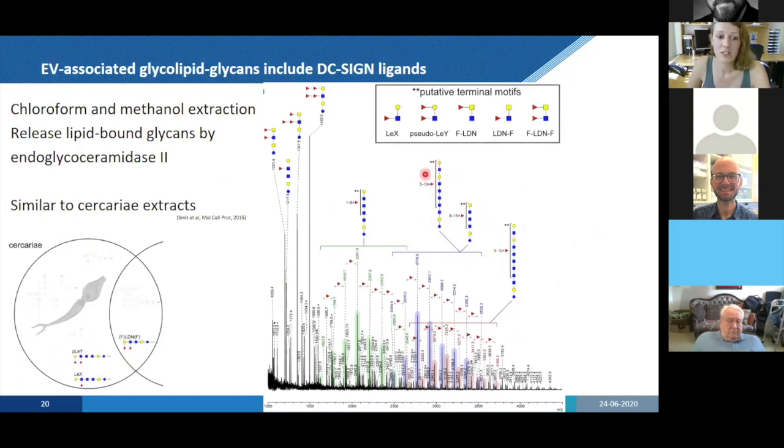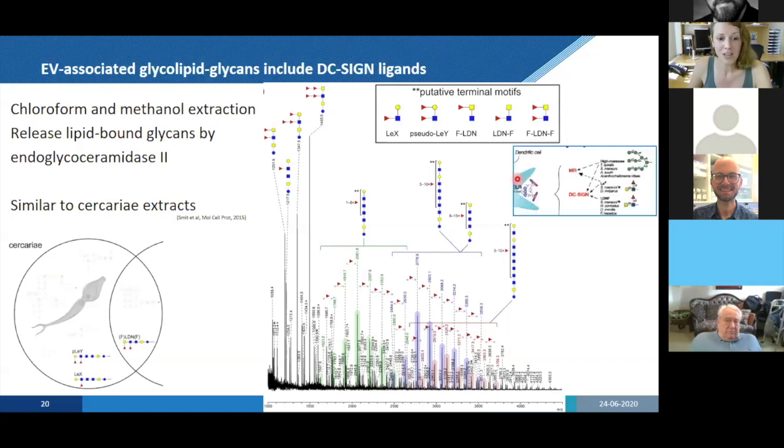We haven't investigated what the terminal motifs look like, but if you look at all the possible motifs that could be there, it's probably a mixture. It includes, again, the ligands that can be recognized by DC-SIGN, suggesting that it's probably both the N-glycans and the lipid glycans that contribute to this interaction.